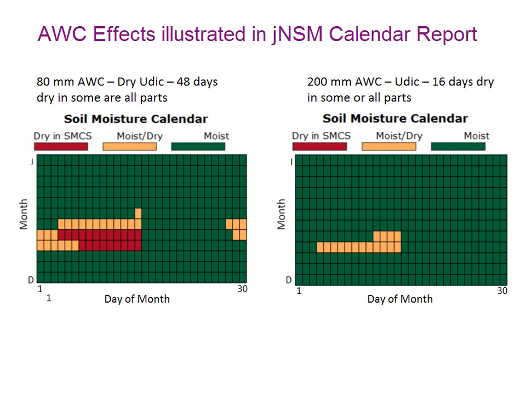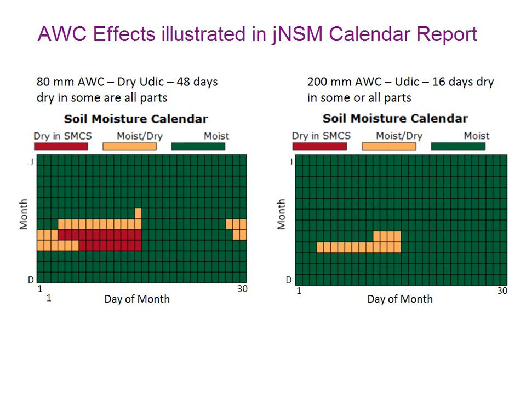So if I say it has 80 millimeters of water holding capacity, you'll notice that there's a pretty appreciable period where the control section is either dry in some parts or dry in all parts. Actually this is August and September as the period of the year that it occurs. And it's still udic, but it's on the dry side of udic.